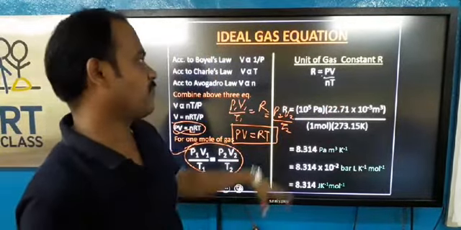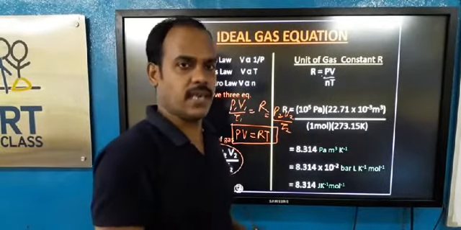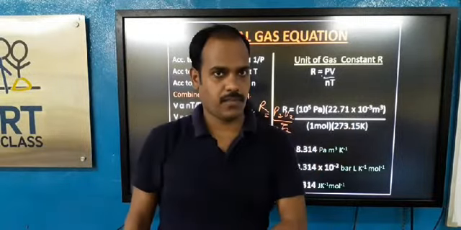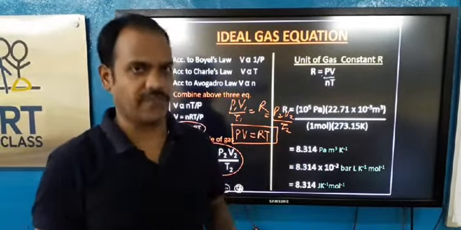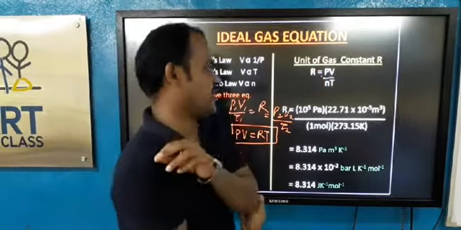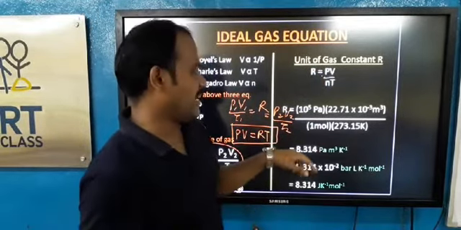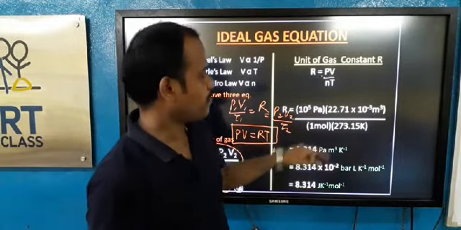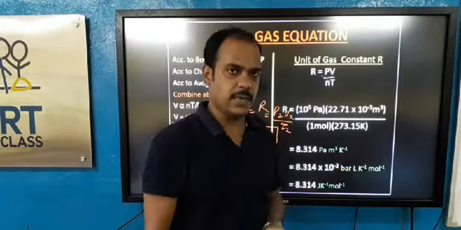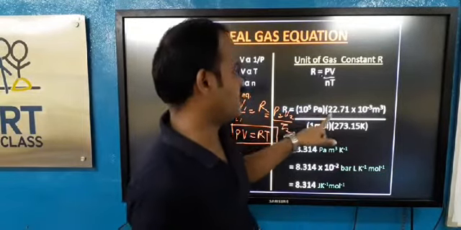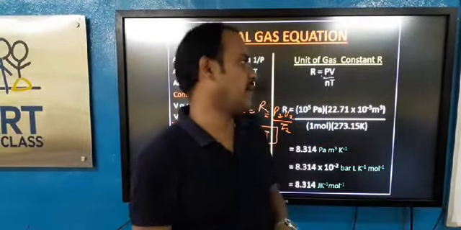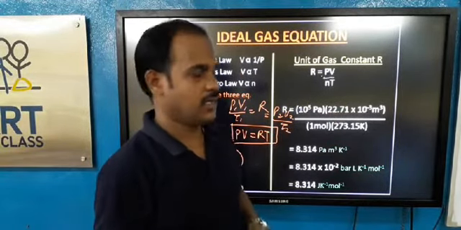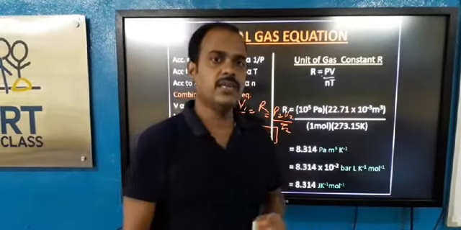At STP, where the pressure is 10 to the power 5 Pascal or 1 bar, remember that for different units the values of pressure and volume are also different. If we take pressure in Pascal, then at STP the pressure is 10 to the power 5 Pascal. At this pressure, the volume of 1 mole of gas is 22.7 into 10 to the power minus 3 meter cube, which means 22.7 liter actually.